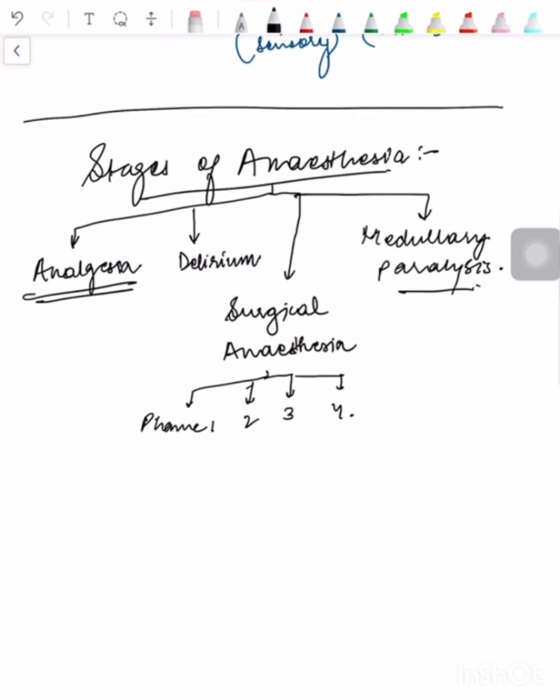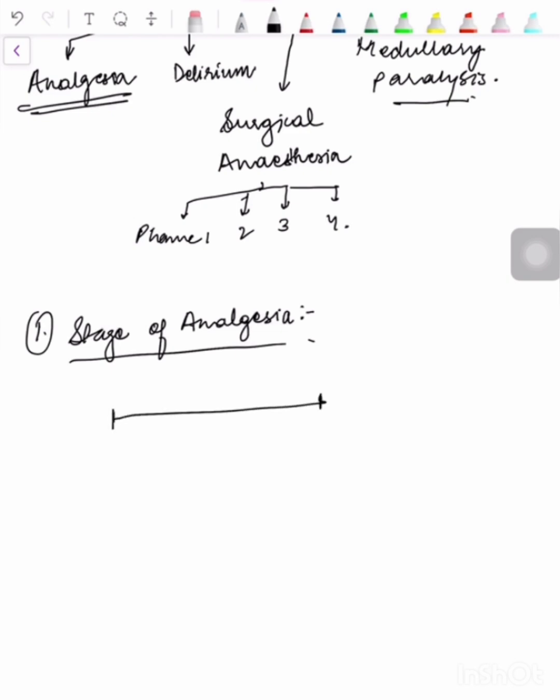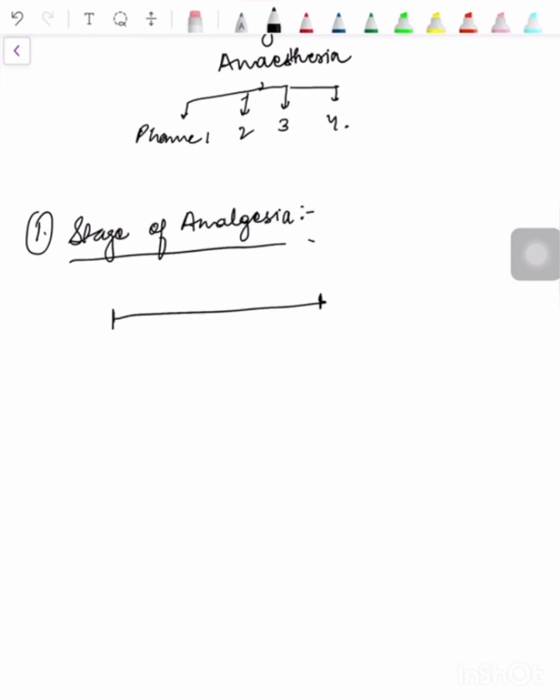So we will begin by discussing the stage of analgesia. It starts from the beginning of anesthetic inhalation and lasts up to the loss of consciousness. Let's look at this time frame.